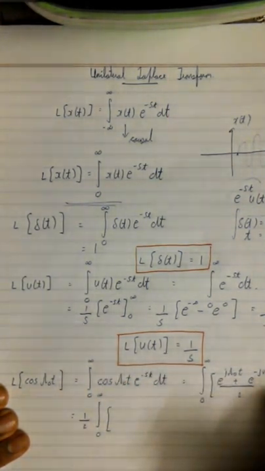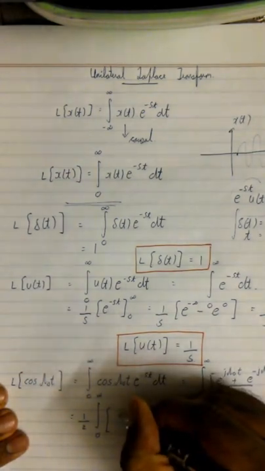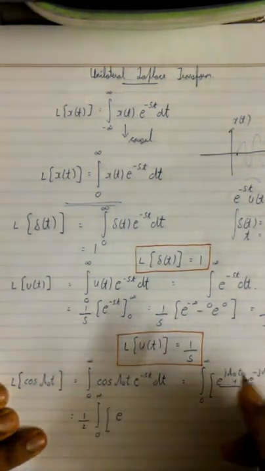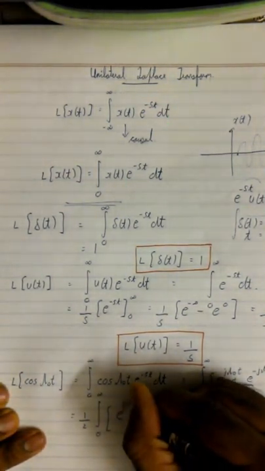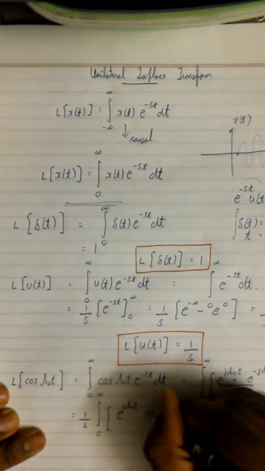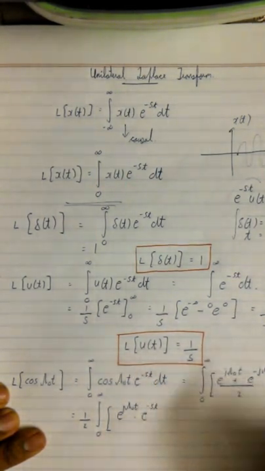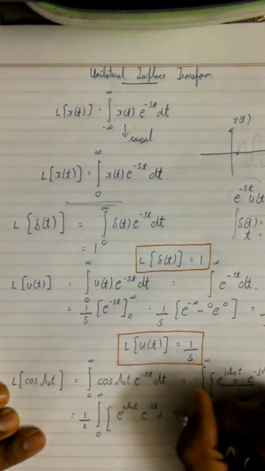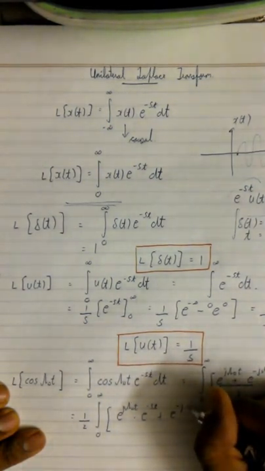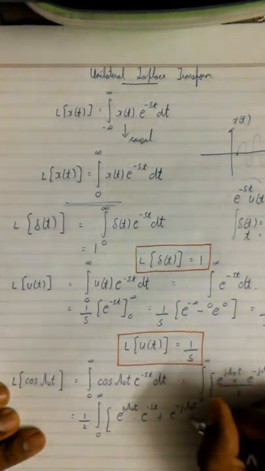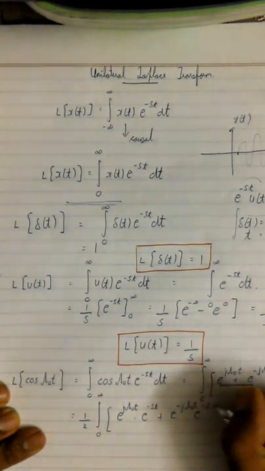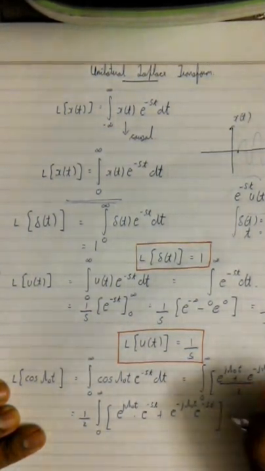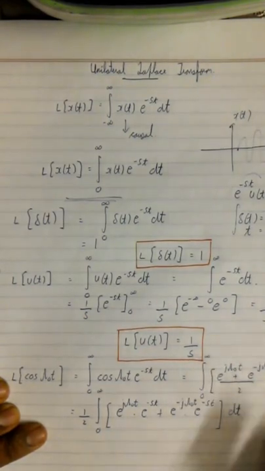Now I can multiply e raised to minus st inside the bracket. This will become e raised to j ohm 0 t into e raised to minus st plus e raised to minus j ohm 0 t into e raised to minus st dt.